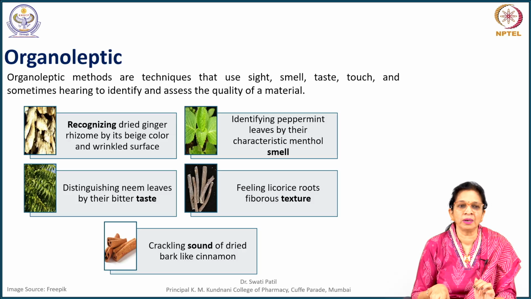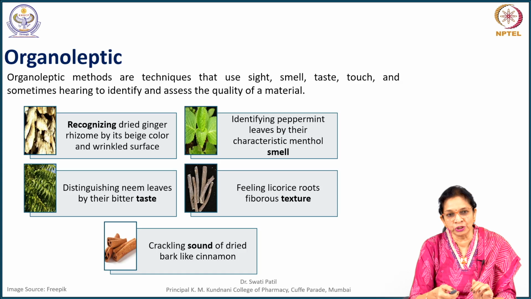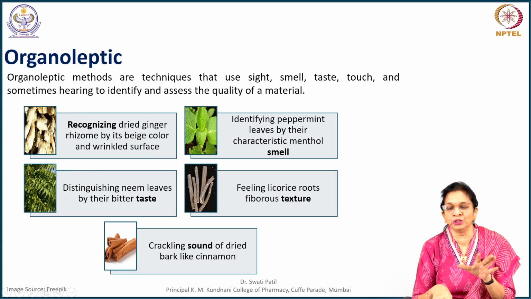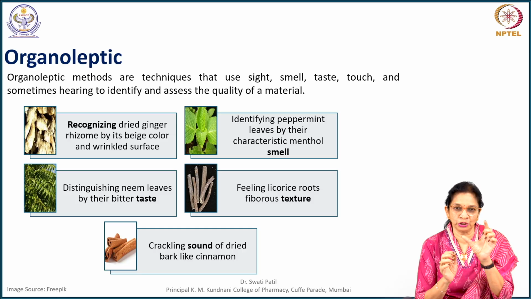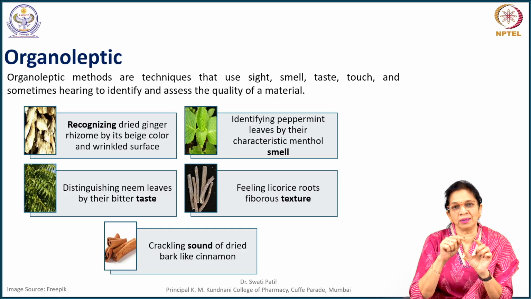For example, recognizing ginger rhizome, dried ginger or fresh ginger, by its beige color and wrinkled surface. When you look at a ginger piece carefully, it branches in all directions.